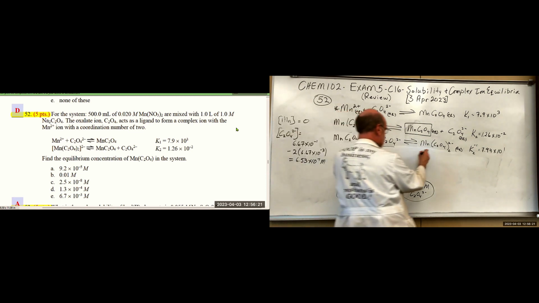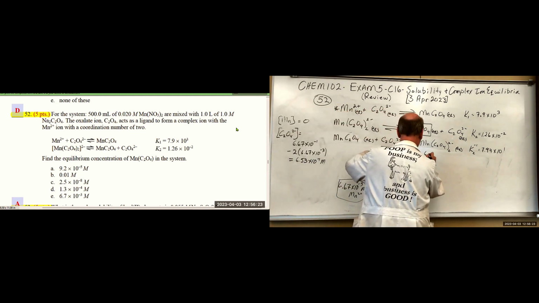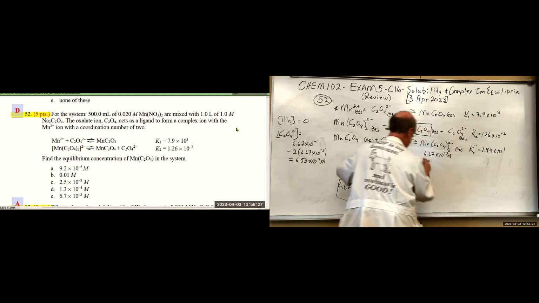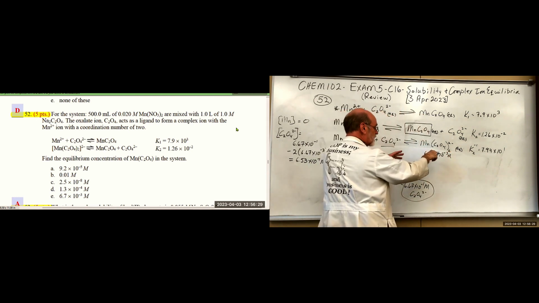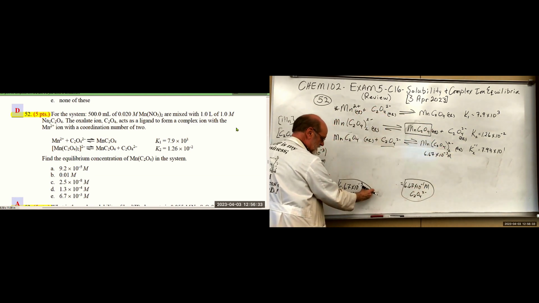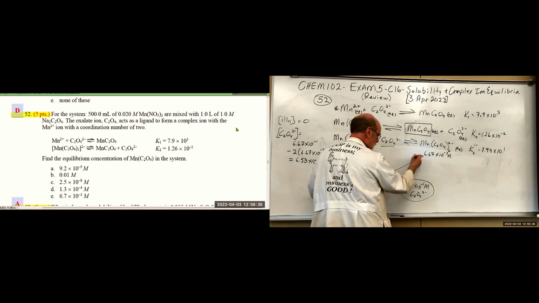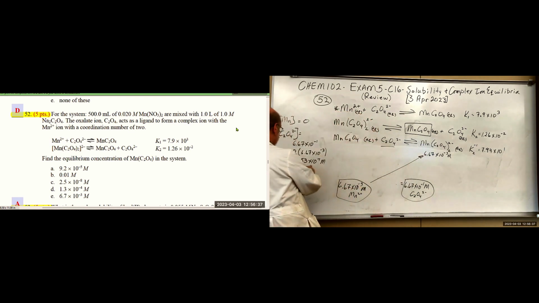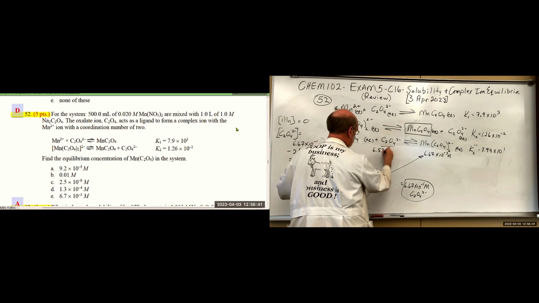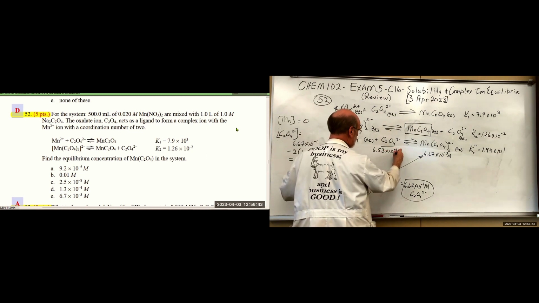So this concentration is going to be 6.67 times 10 to the minus 3 molar, because all the manganese is gone. It has to show up over here. It started here, so it went to there. And this one is 6.53 times 10 to the minus 1 molar.